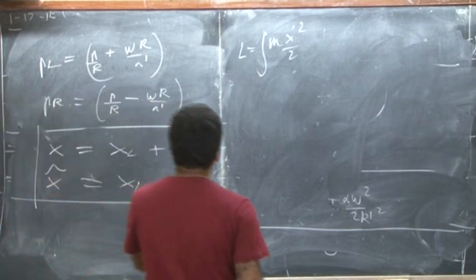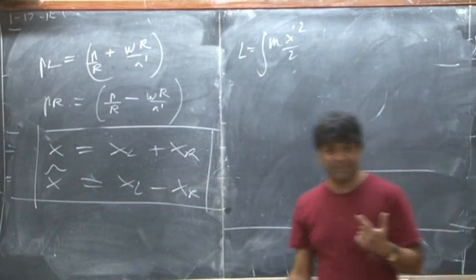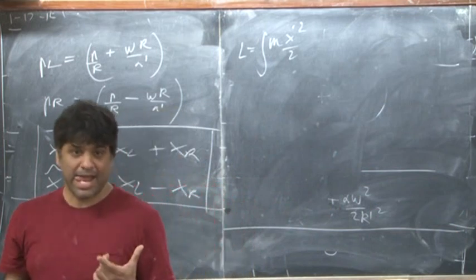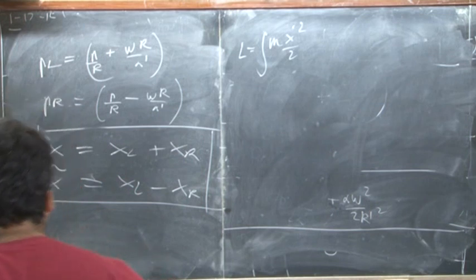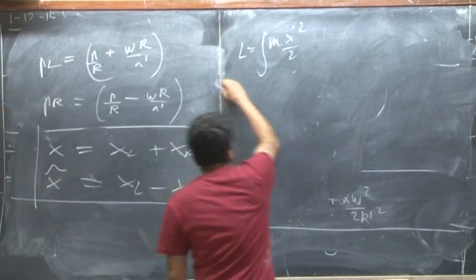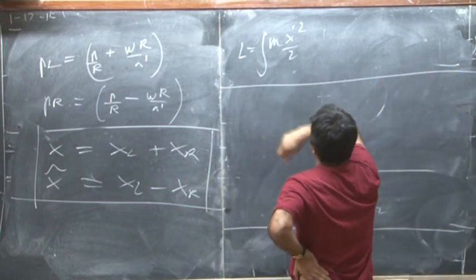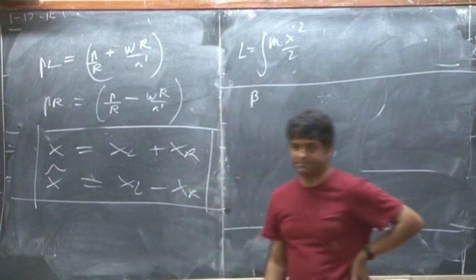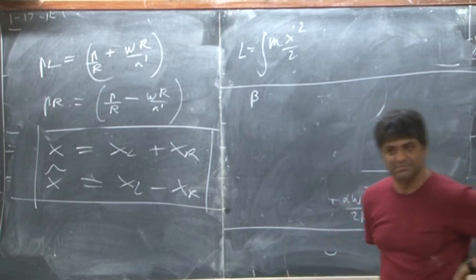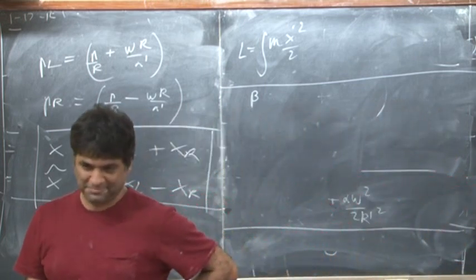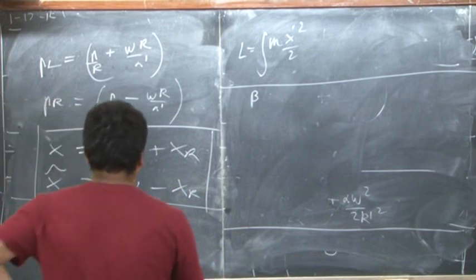Suppose I was interested in this theory at finite temperature, at temperature 1 by beta. Can anyone tell me what the partition function is? You know the answer.